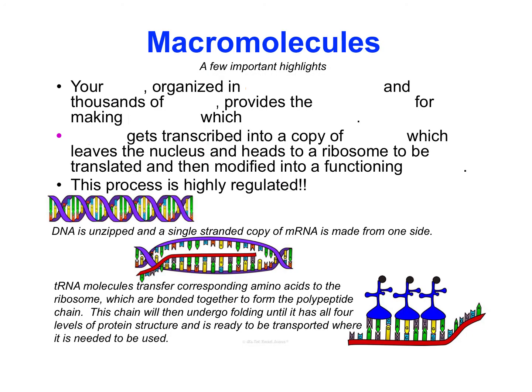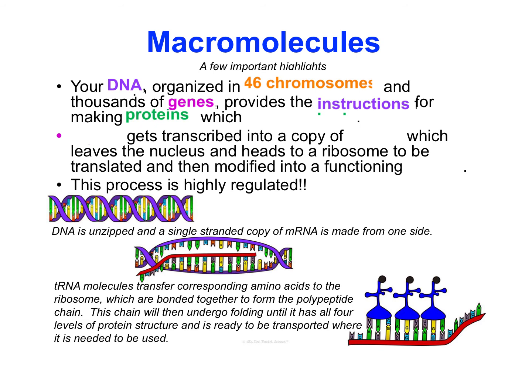So there's still some key points we want to note about our macromolecules before we move on. As we said, your DNA is organized into 46 different chromosomes. And of those 46 chromosomes, it's made into thousands of different genes. And these genes are providing the instructions for making proteins.